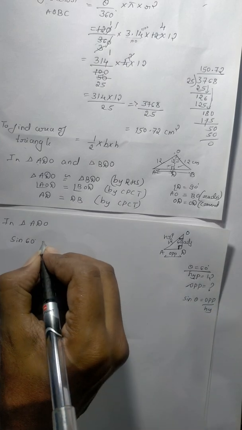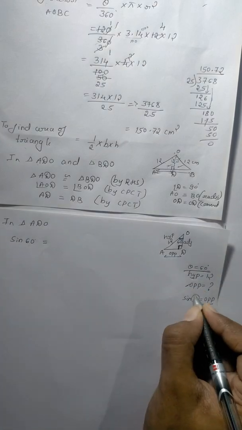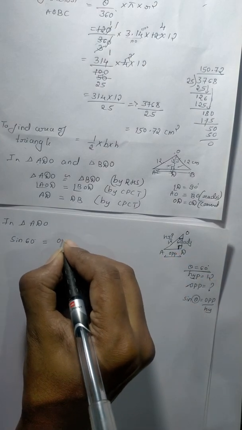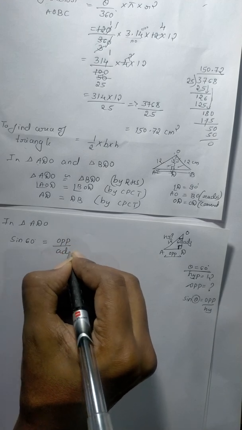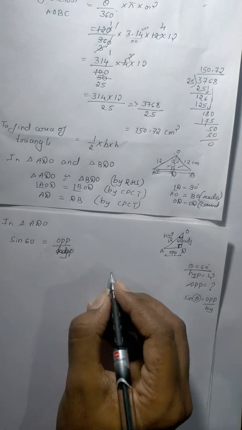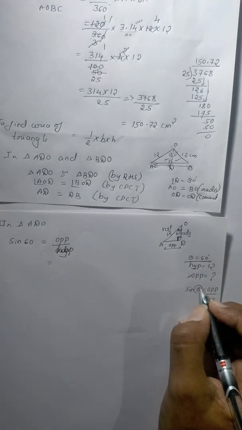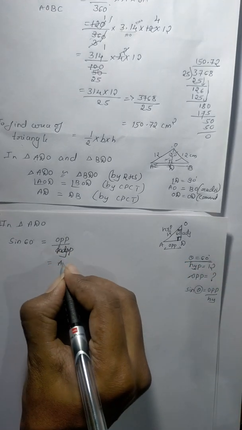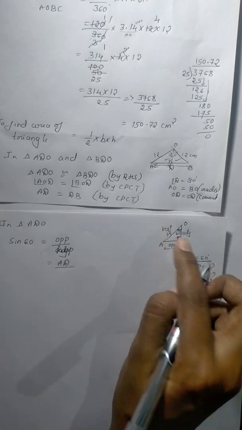So we will write that formula. Sine theta, given here as 60 degrees, is opposite divided by hypotenuse. The opposite side is not given, AD, that only we have to find. Hypotenuse is given as 12.